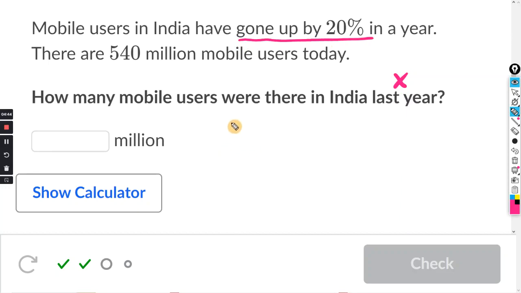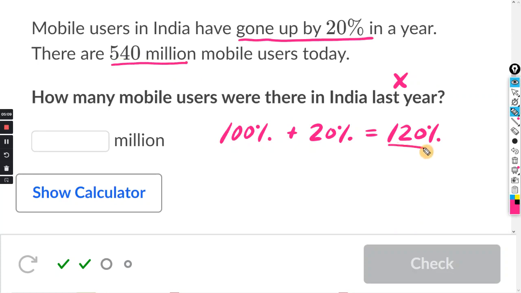So we start with 100% of a number, and it's gone up by 20%, so we're adding 20%. So the new number is 120% of the old number. All right. So 540 is going to be 120% of X.